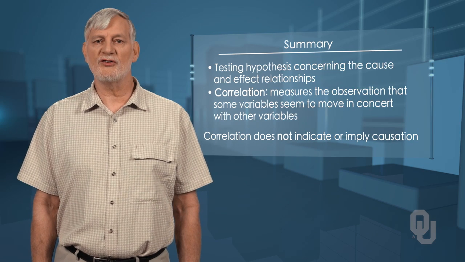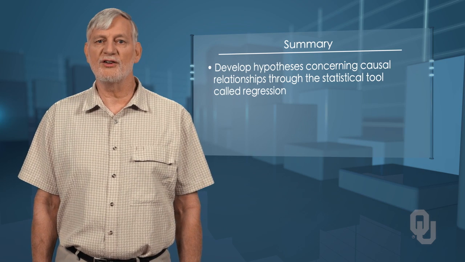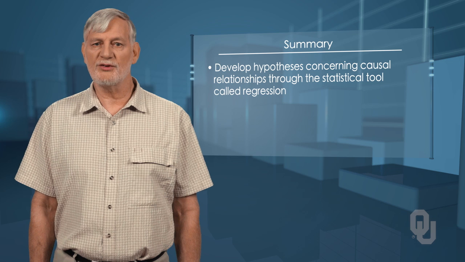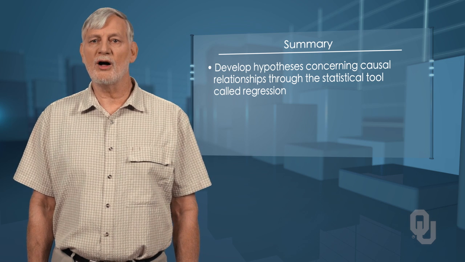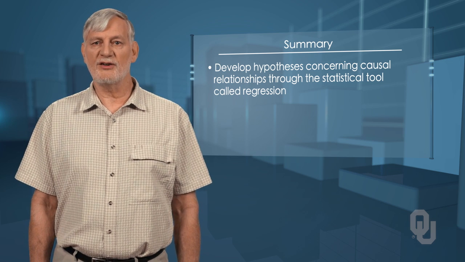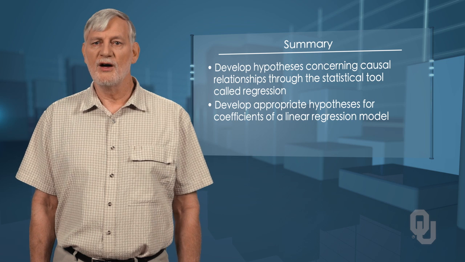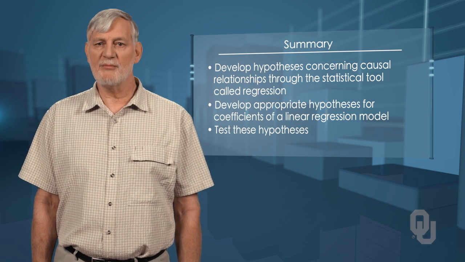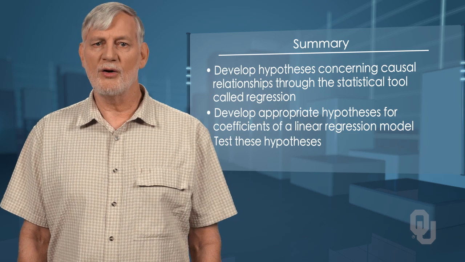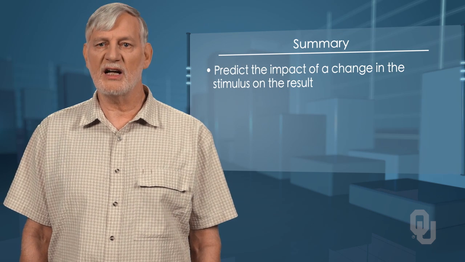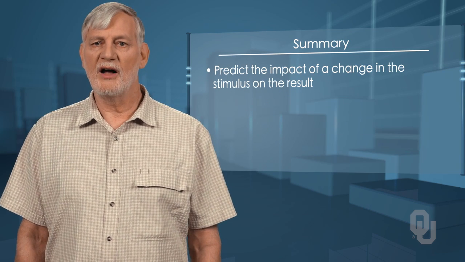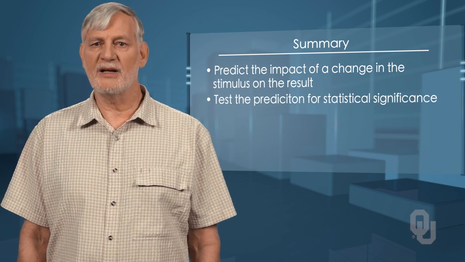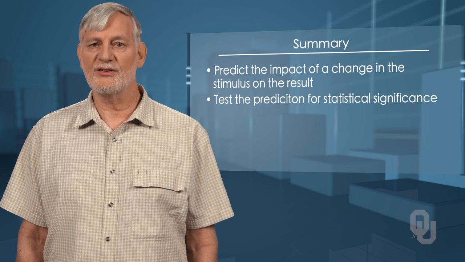By now, you should also be able to develop hypotheses concerning causal relationships through the statistical tool called regression, as well as to develop appropriate hypotheses for coefficients of a linear regression model and to test these hypotheses. You should know how to predict the impact of a change in the stimulus on the result and to test the prediction for statistical significance.